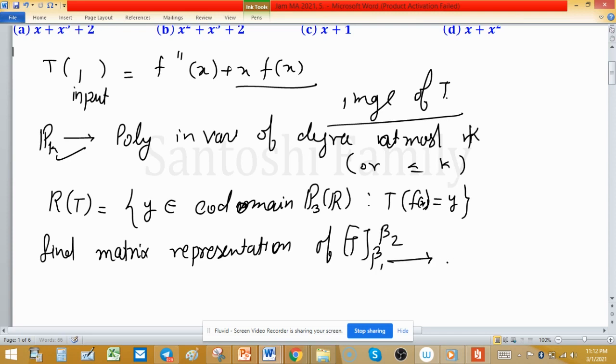Here beta 1 is a basis. We normally use this term for the basis of the domain, and beta 2 is the basis for the codomain.